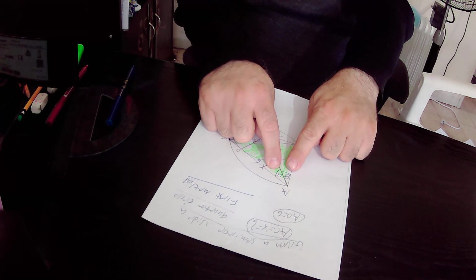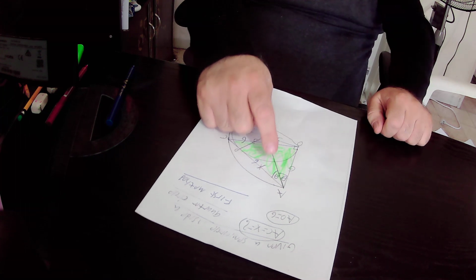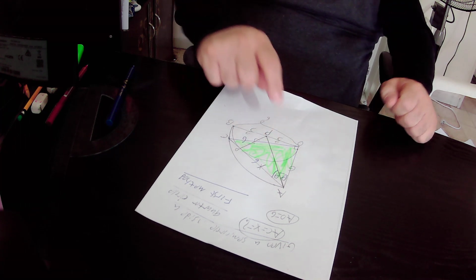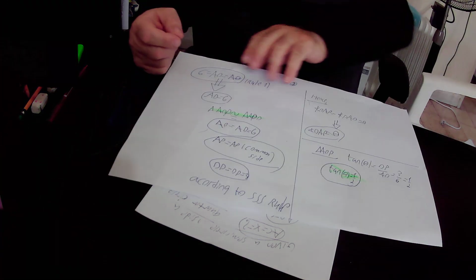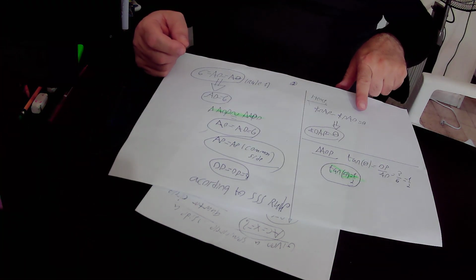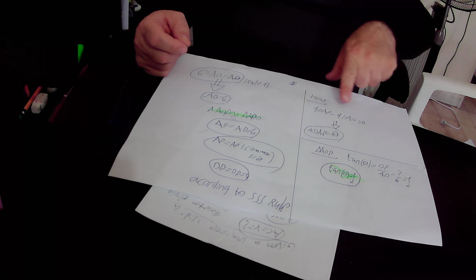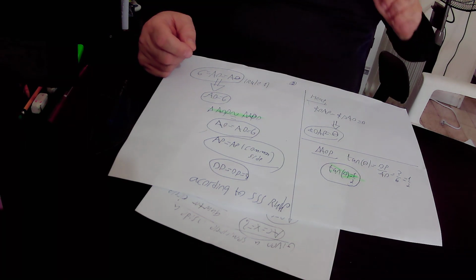Therefore, those two corresponding angles must be equal. So if we define one angle as theta, then the other angle must also be equal to theta. So here, if angle PAD equals theta, then those two angles are both equal to theta.